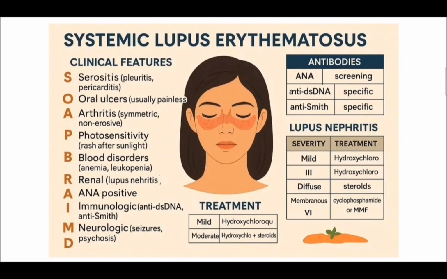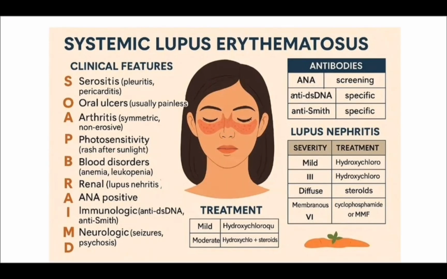Alright then, before ending this discussion, I would like to summarize SLE in a few points. SLE is a complex disorder of multifactorial origin which results from interactions of genetic, immunologic, and environmental factors. SLE is a disease caused by autoantibodies against numerous self-antigens and forms immune complexes. Etiological factors responsible for SLE can be genetic factors, environmental factors, and immunologic abnormalities.